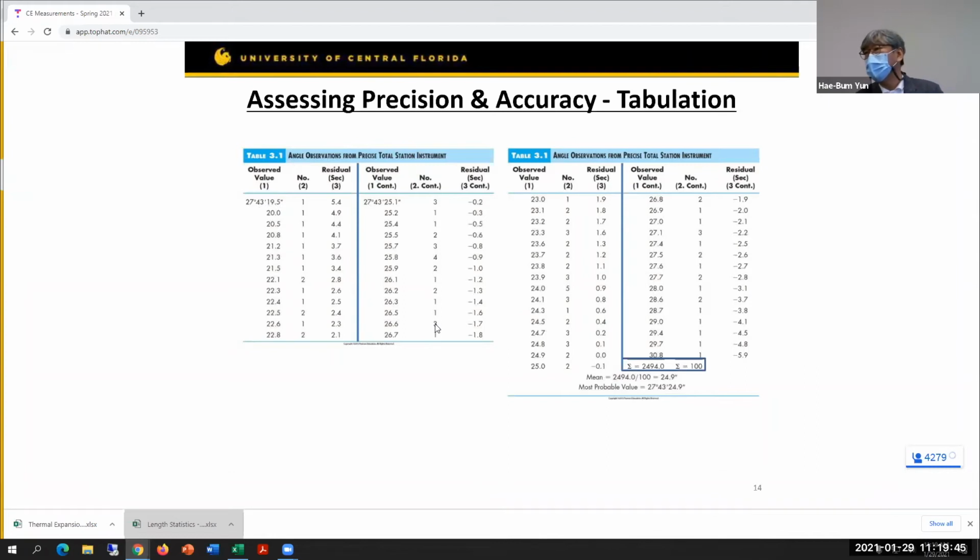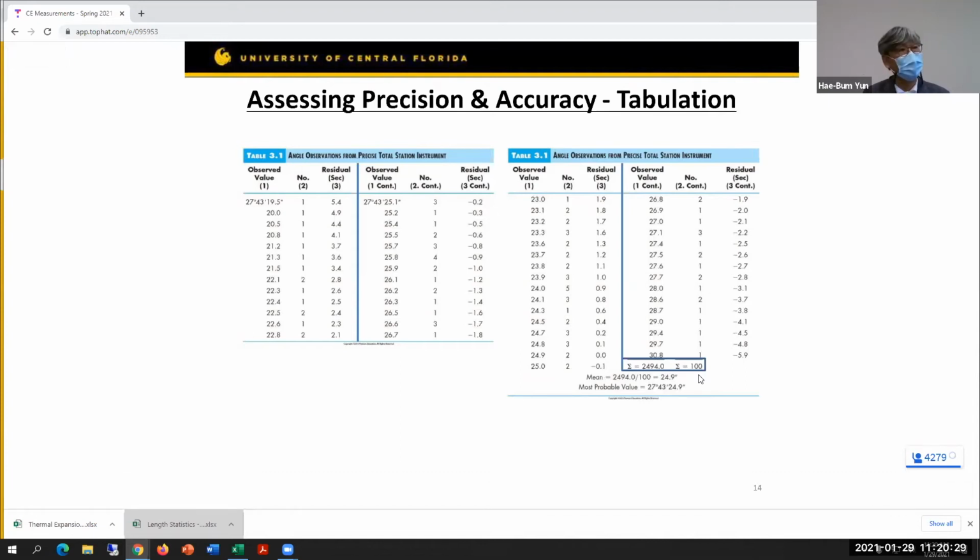Our first job is to calculate the sample mean. How can we do that? First we take a summation of the observed values, and if you add all the numbers of observations, it becomes 100. So how can we calculate the sample mean? This summation divided by the number of observations, right?